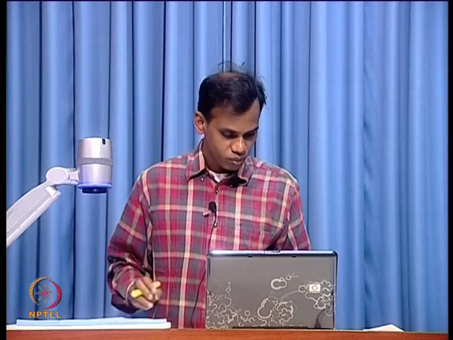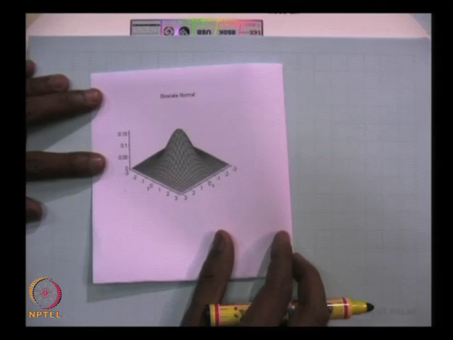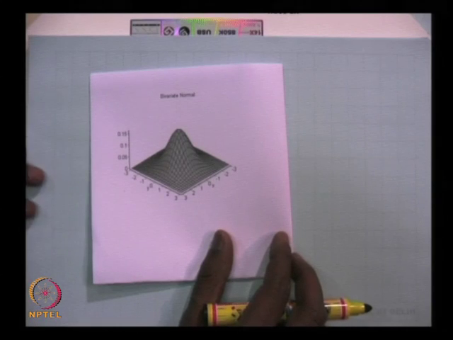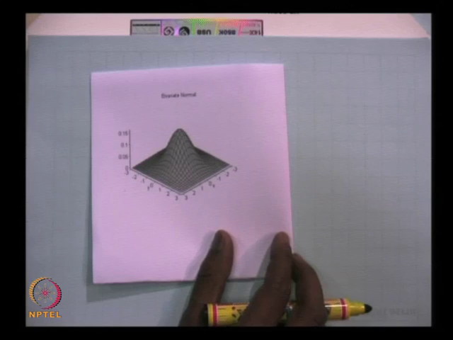And here is one simple example of a bivariate normal distribution in which both the random variables x and y are normally distributed. Therefore, the joint distribution is going to be of this form.